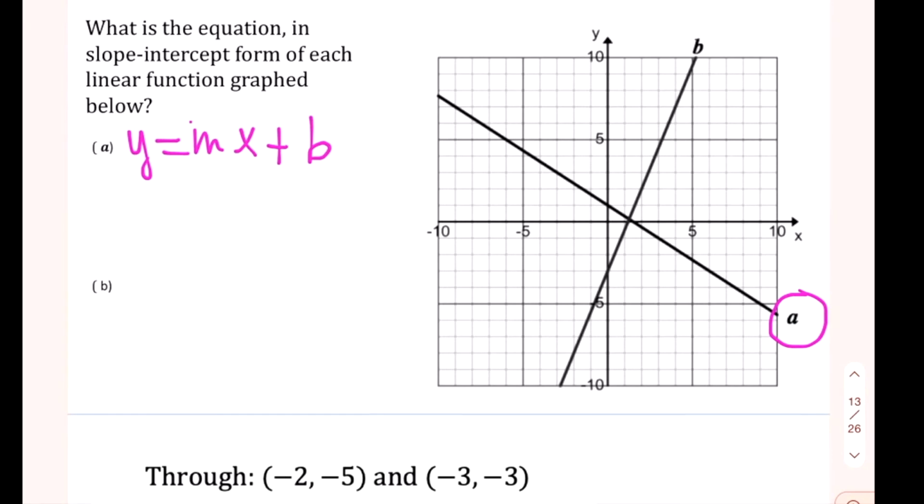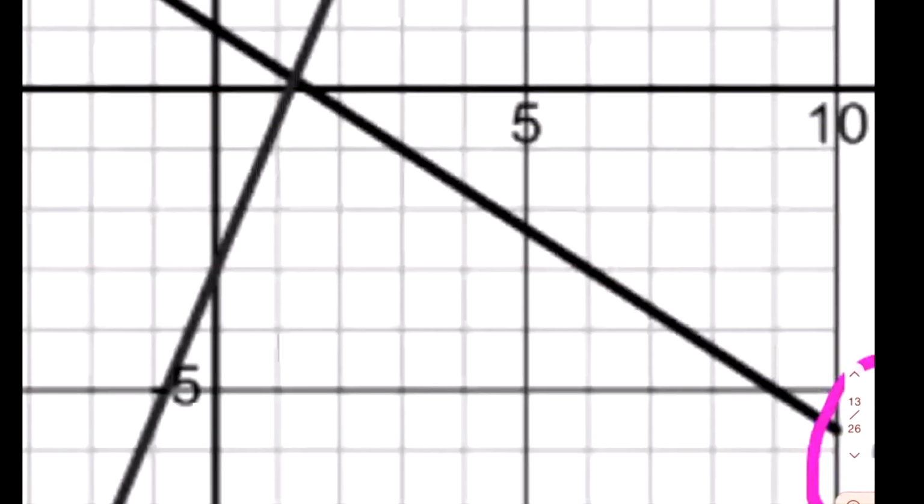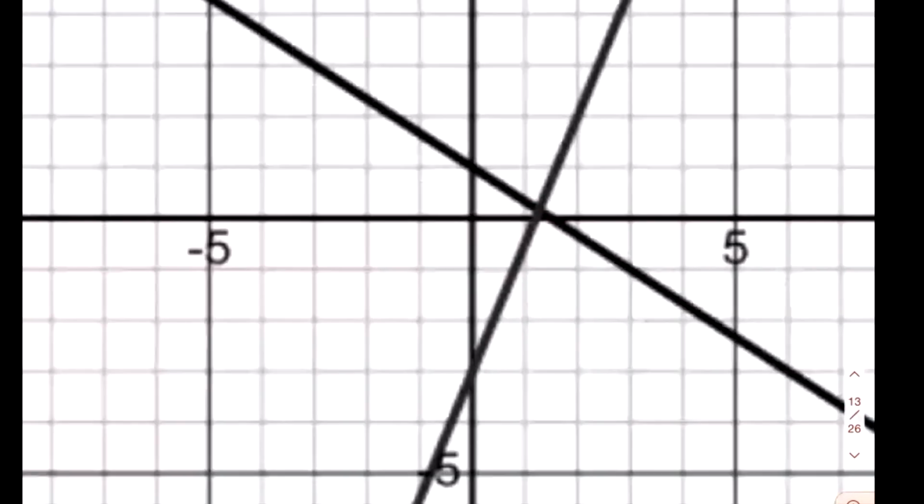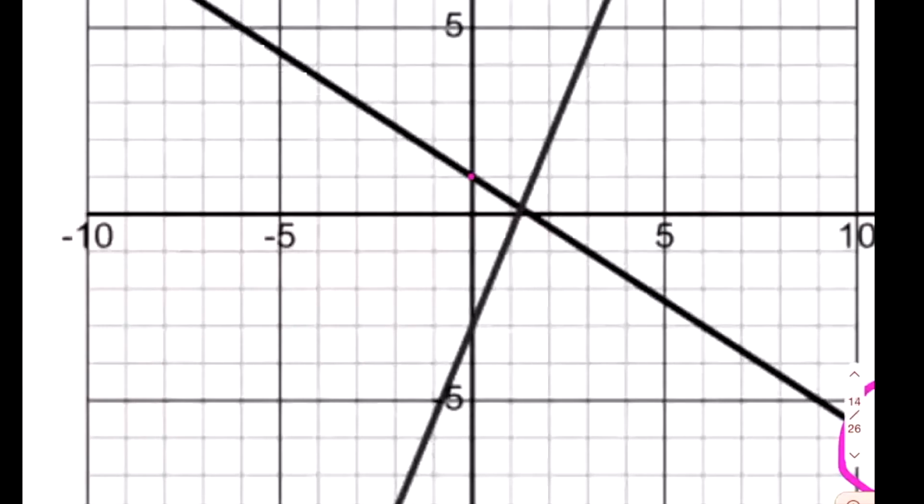So I go to A. I try to find the slope, okay? Actually, if you look at A, this point is the intercept. Who can tell me what's the value of y for this point? Are you here? Who can try? Just try. You lose nothing.